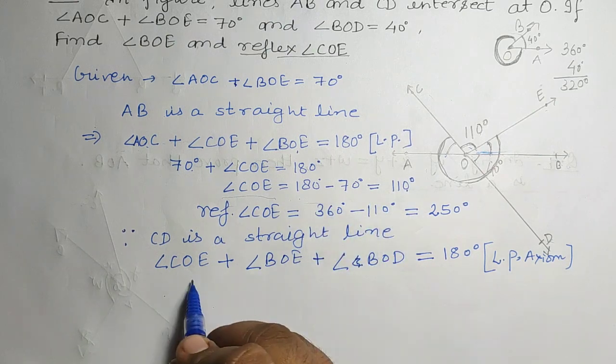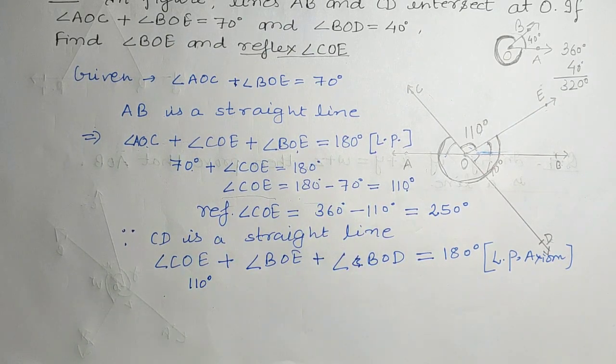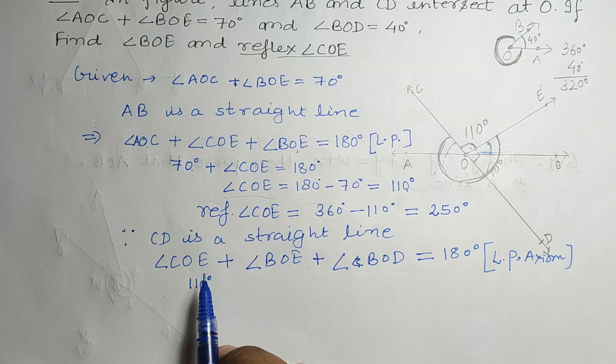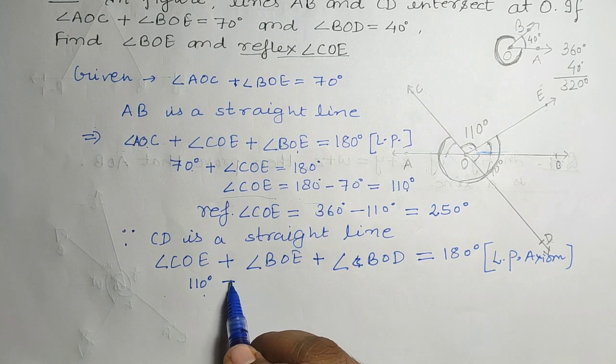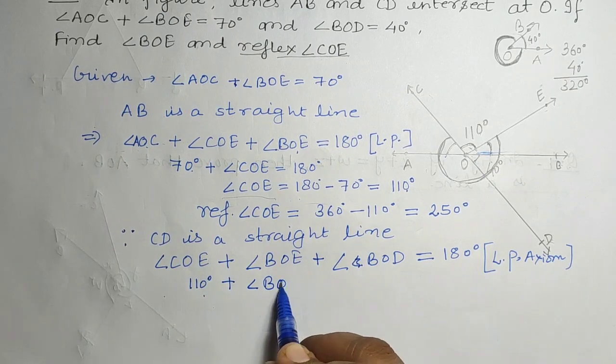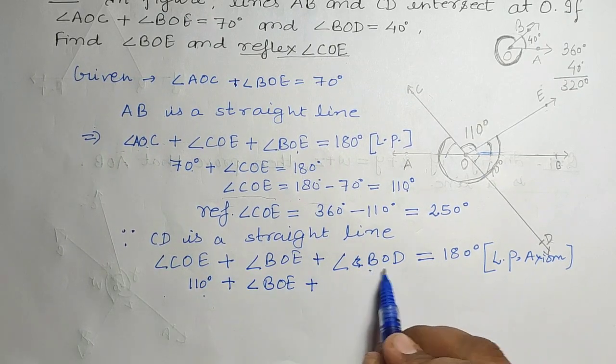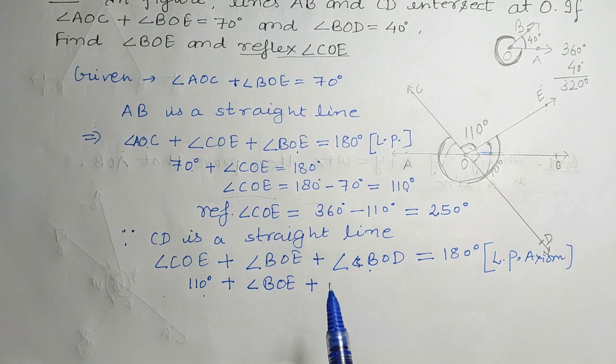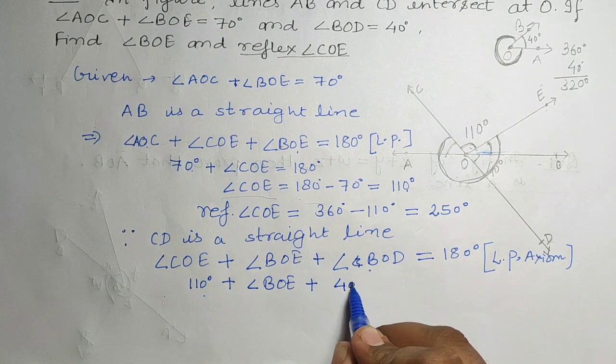Now COE is 110 degrees. We are going to put all the values. COE is 110 degrees. Angle BOE is to be found out, and angle BOD is given as how much? 40 degrees. So here we will put 40 degrees.